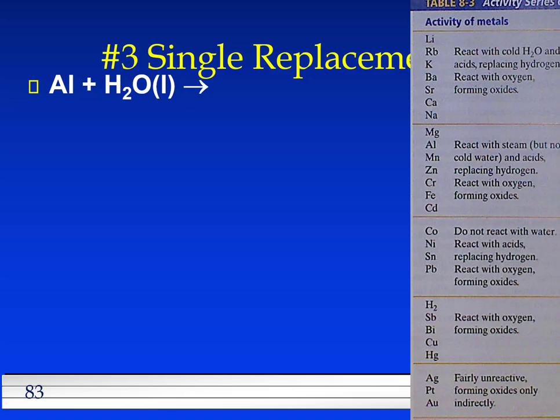Single replacement. So we want it to be single replacement, and that means we need to use the activity series. So I need to find aluminum and hydrogen on my activity series. Will this reaction happen? Yes. Okay, aluminum is higher than hydrogen, so it can replace it, but not in water.